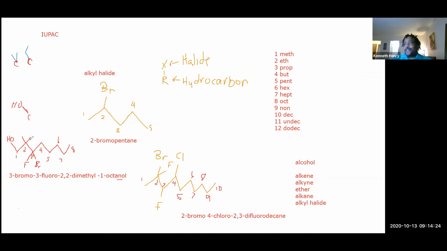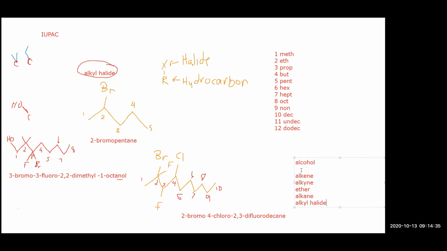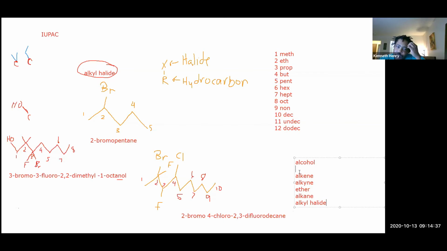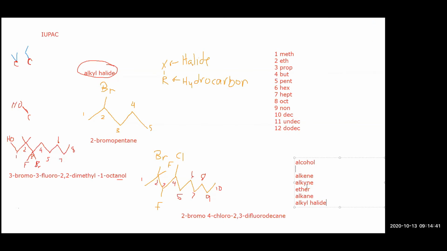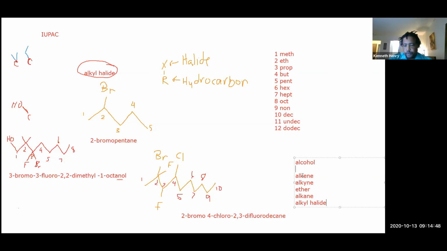Excellent. So let me give you another one. We talked about the alkyl halides. Now we're going to add to our list. Let's do amines, because amines are pretty easy. Amines are things that have a nitrogen.